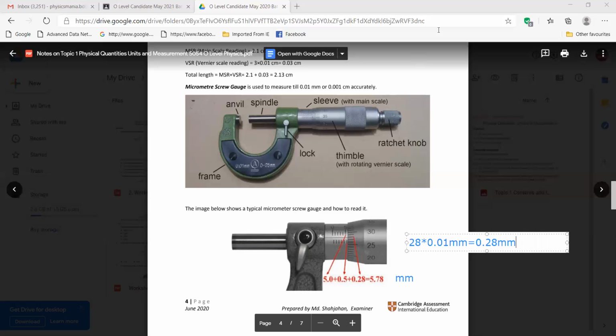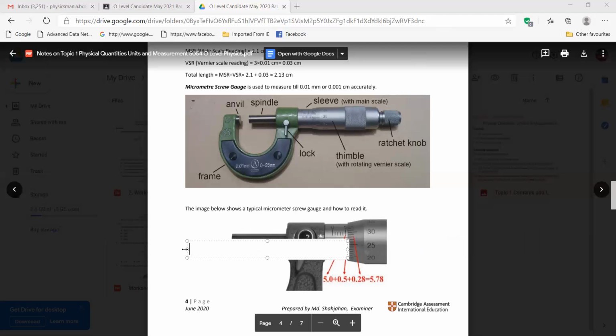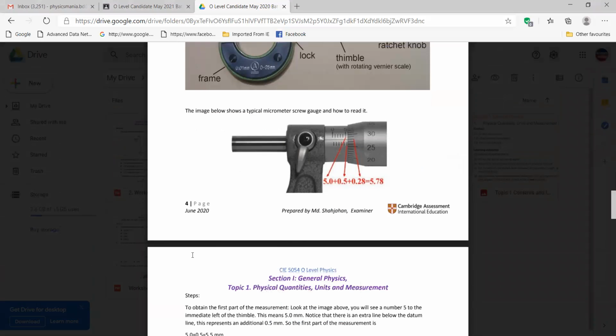Now we are done with measuring lengths. Yes sir. Clear. Measuring lengths using all the instruments we are done. After this we have measuring time.